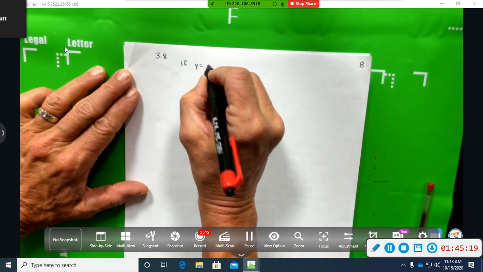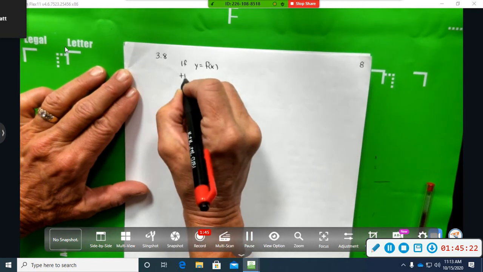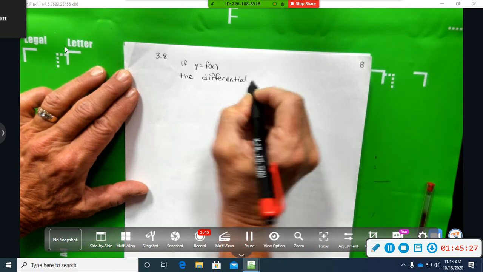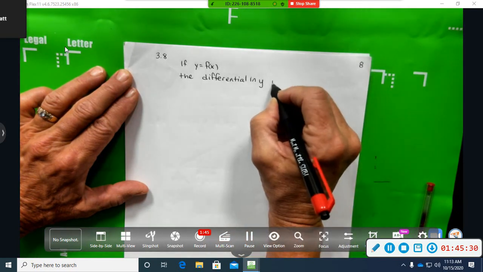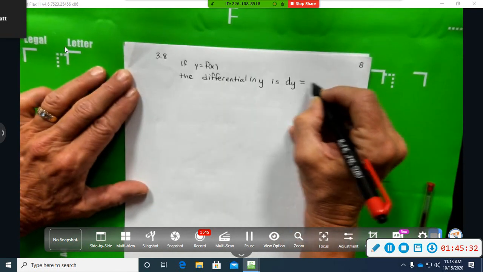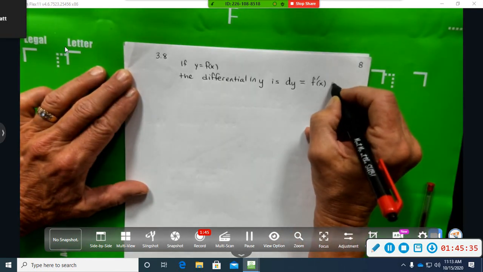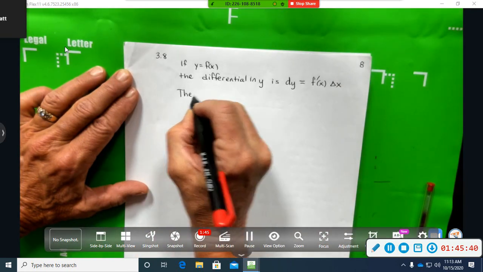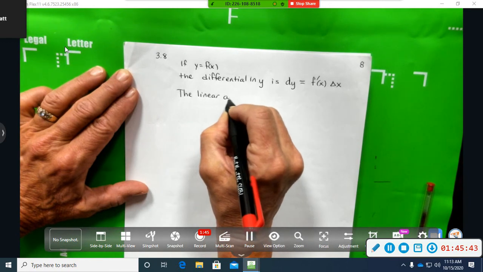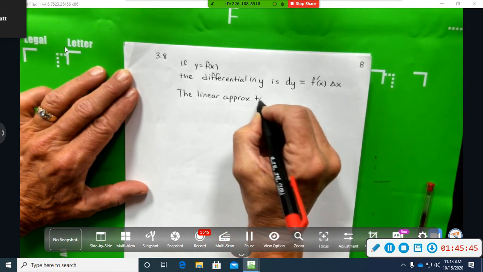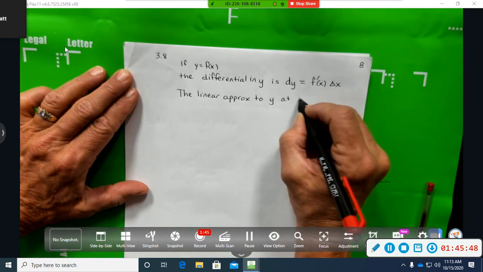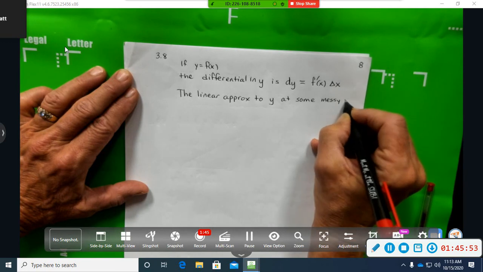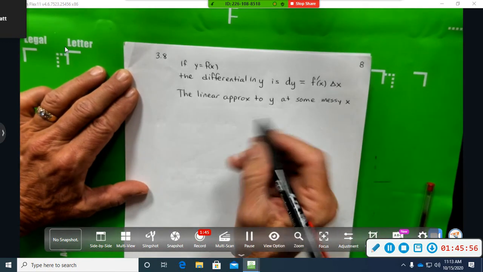If y is equal to f of x, the differential in y is called dy, and that's just the derivative times the change in x. And we use the differential in the linear approximation. To y at some messy x value was given by the equation of the tangent line.